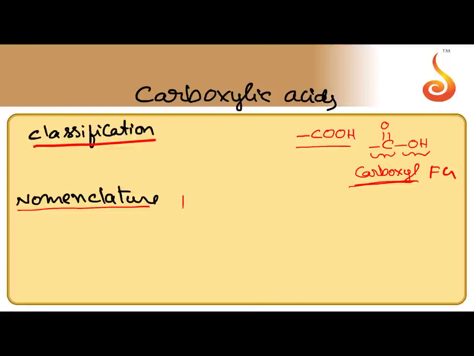Coming to the nomenclature, COOH is the chain terminating functional group. Since this is a chain terminating functional group, moreover COOH gets the highest priority in the seniority table. It gets almost number 1 rank. That's why the carbon of the COOH gets number 1 only. Including that carbon, you select the main carbon chain, and numbering also starts from COOH.